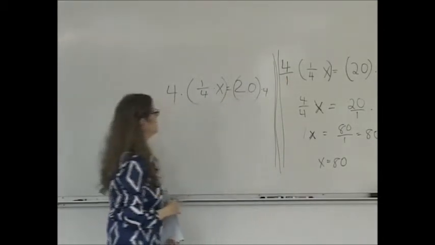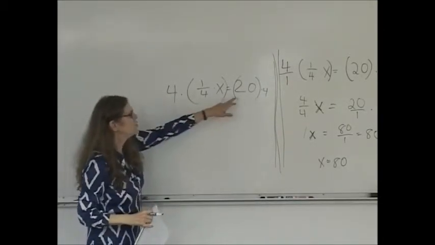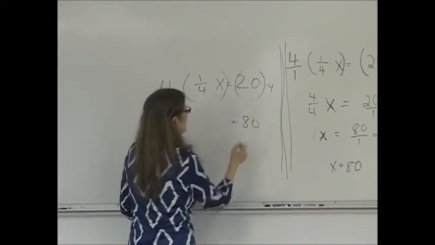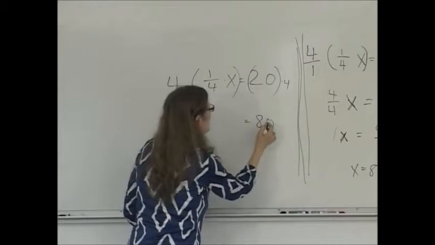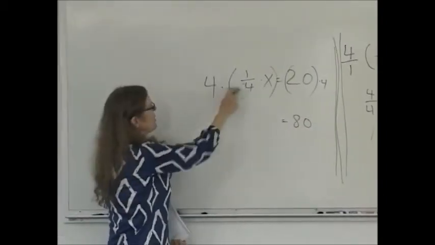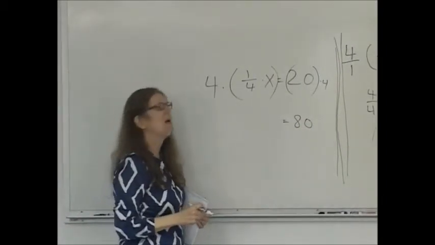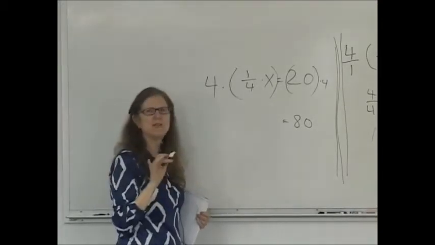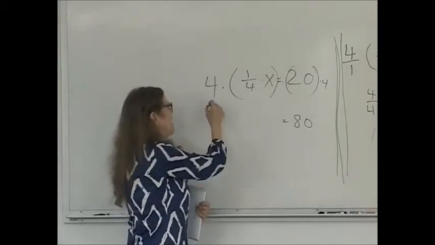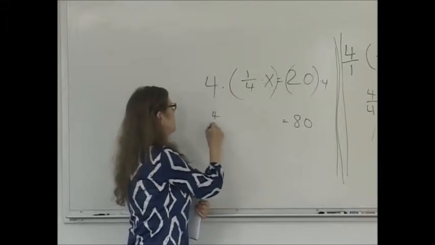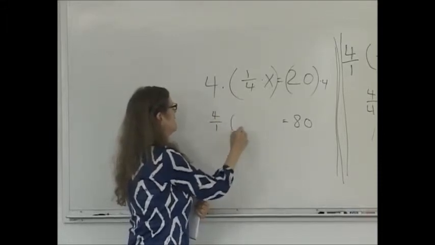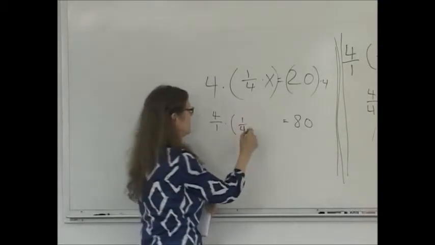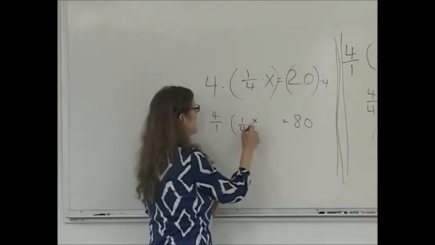Okay? Suppose I did it this way. 20 times 4 is 80, right? 4 times 1/4 x. For this side, in order to make sure I'm multiplying correctly, I would want to say 4 is the same thing as 4 over 1 times 1 over 4. And instead of writing x, I could have said this is 1 over 4 times x over 1.